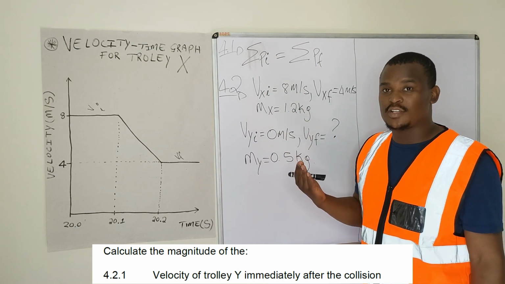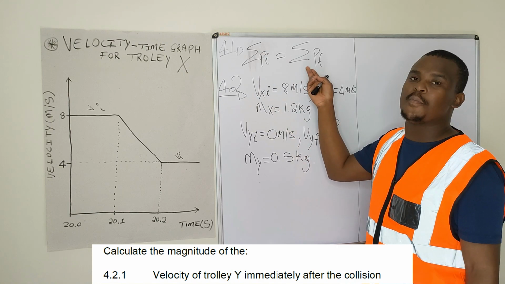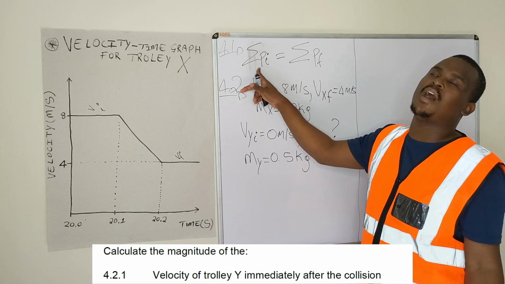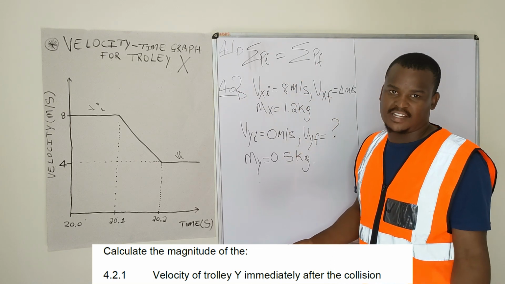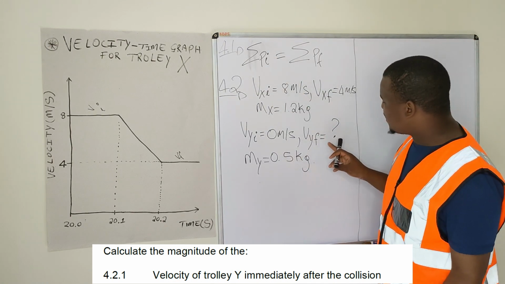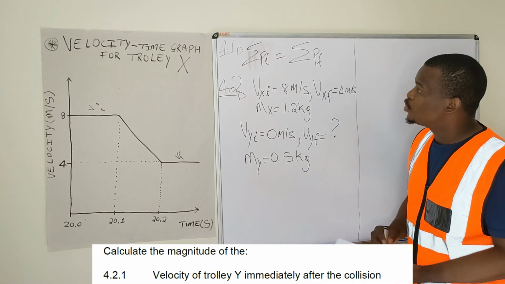You said that in an isolated system, the total momentum before collision is equal to the total momentum after collision, or the sum of initial momentum is equal to the sum of final momentum. So this is the principle that you will use to find the final velocity.